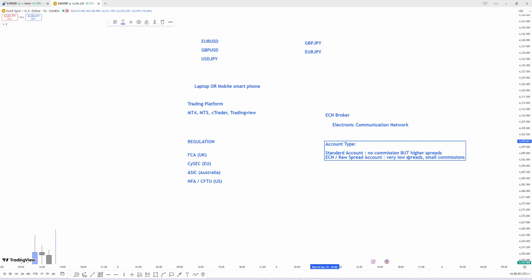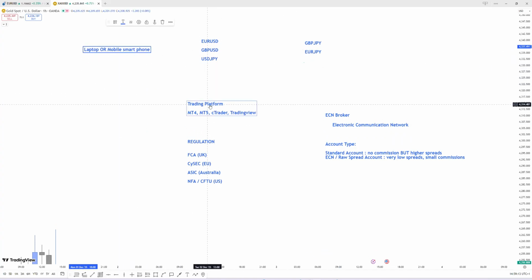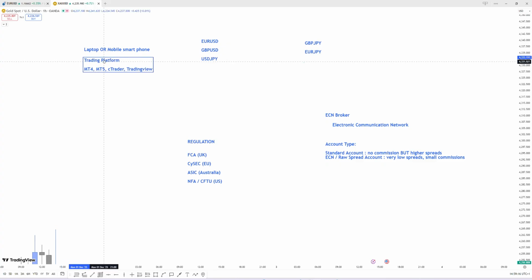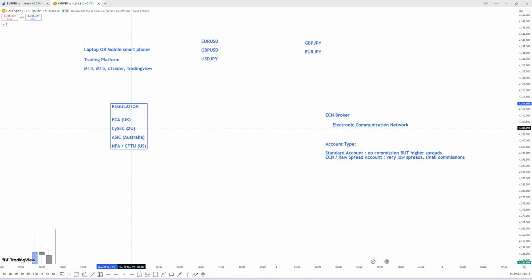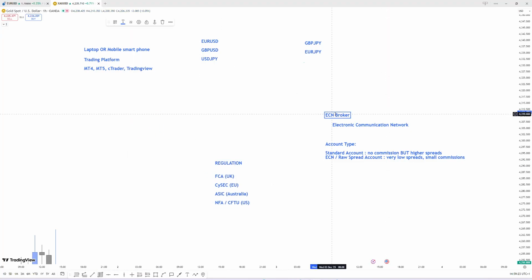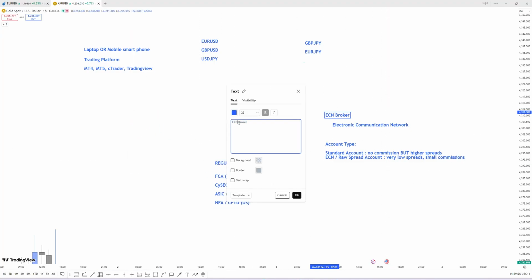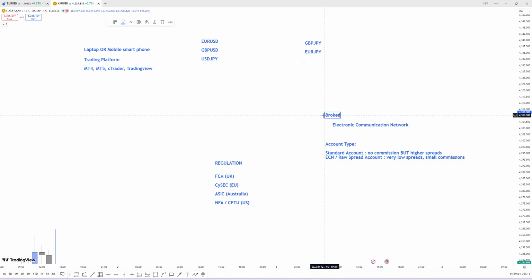So now, the third thing you need to consider before choosing your brokerage firm is the minimum deposit. We talked about the laptop, the gadgets, the software you need, and the broker.